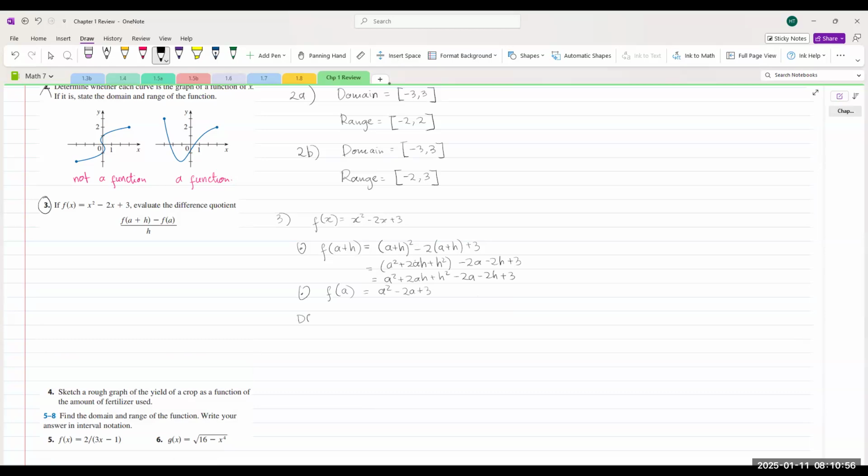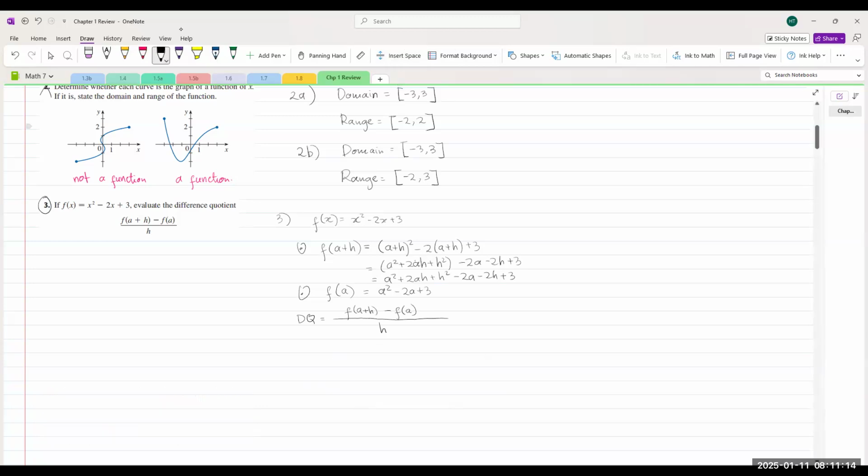So the difference quotient is given by, let me write down the formula first, f(a plus h) minus f(a) over h. So this is basically the difference quotient of the function at a.